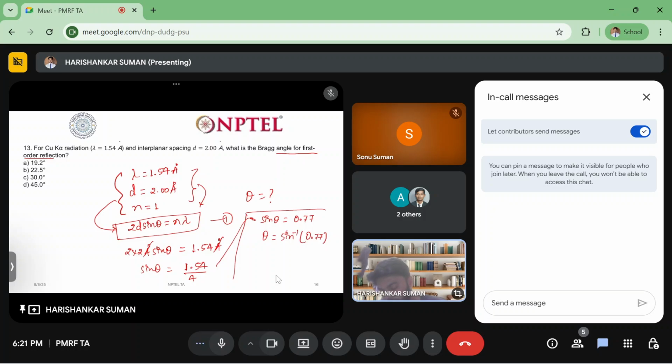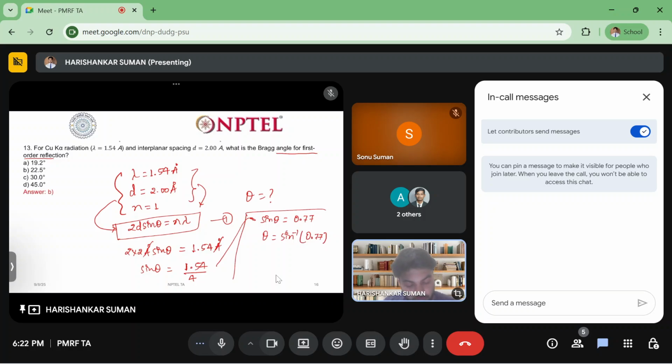Yes, solve this equation. Please solve this.